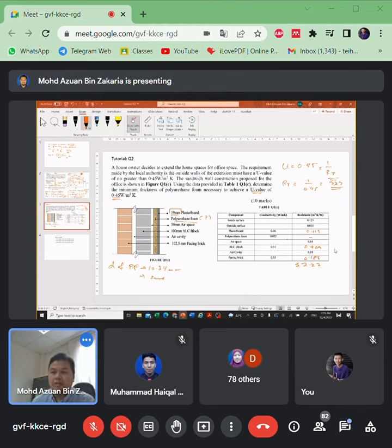Okay, then berapa total ni? Without polyurethane? Okay, you have to add this one. 1.752. 1.752 plus polyurethane equal to 2.22.